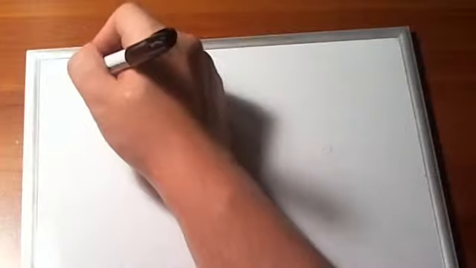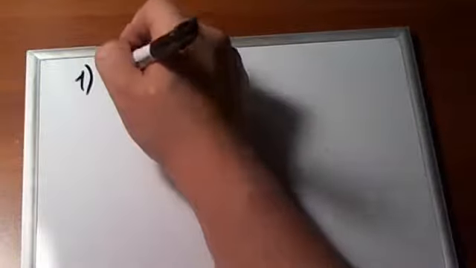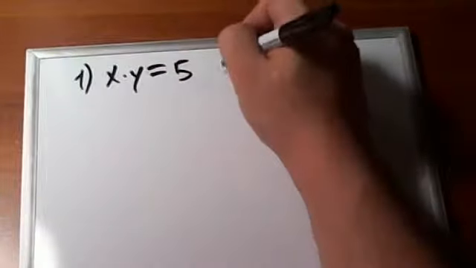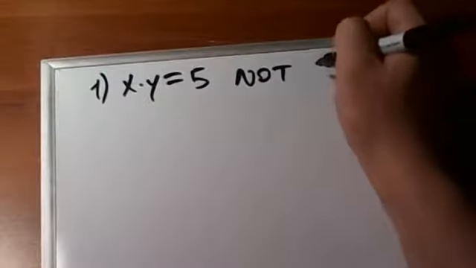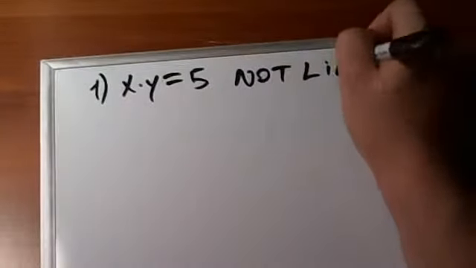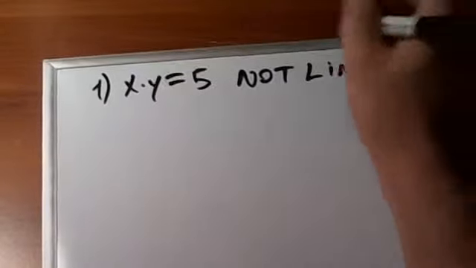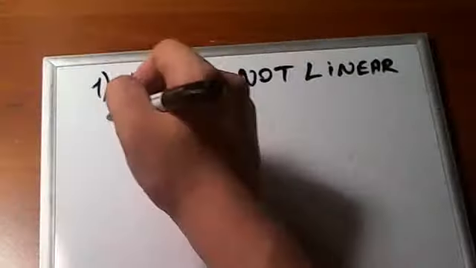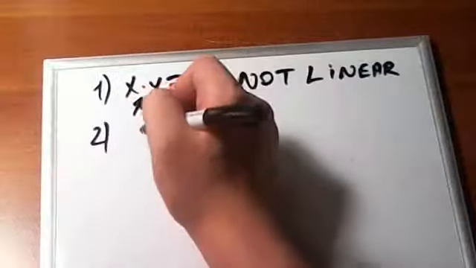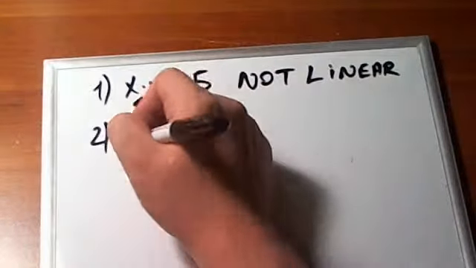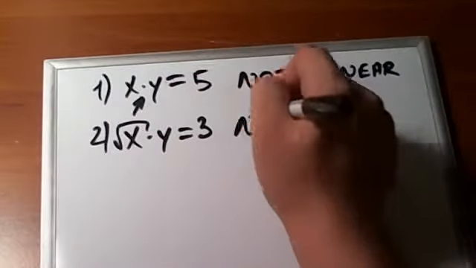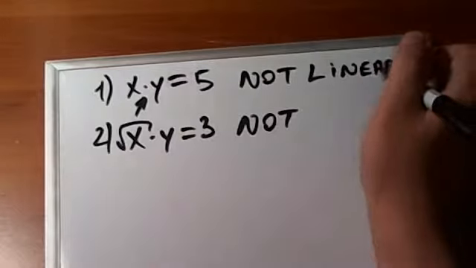Now, when you see a product, for instance, x times y equals something, let's say 5, this is not linear. When you see a product, it's not a linear equation. Also, if you see a square root over a variable, for instance, square root of x equals something, let's say 3, it's not linear as well.